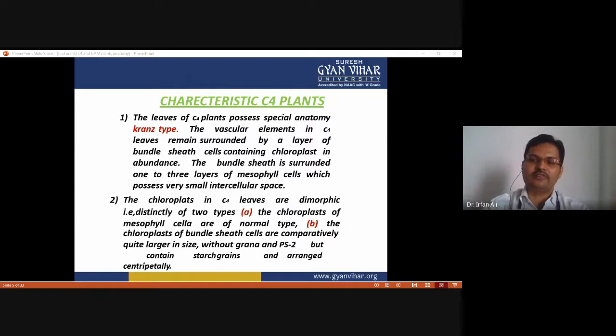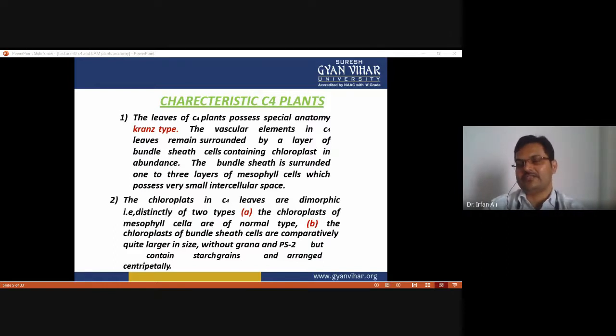When we see a section of the leaf, the innermost portion is the vascular element, that is the xylem vessels. Around that there is a layer of cells called the bundle sheath cells, which contain chloroplasts in abundant number. The bundle sheath cell is surrounded by two or three layers of other cells.